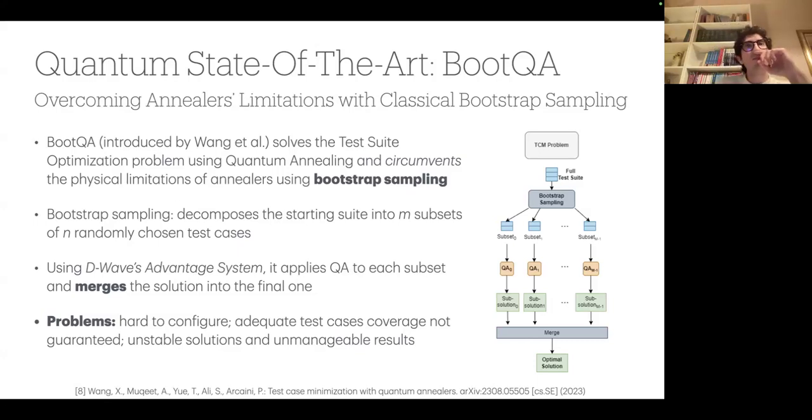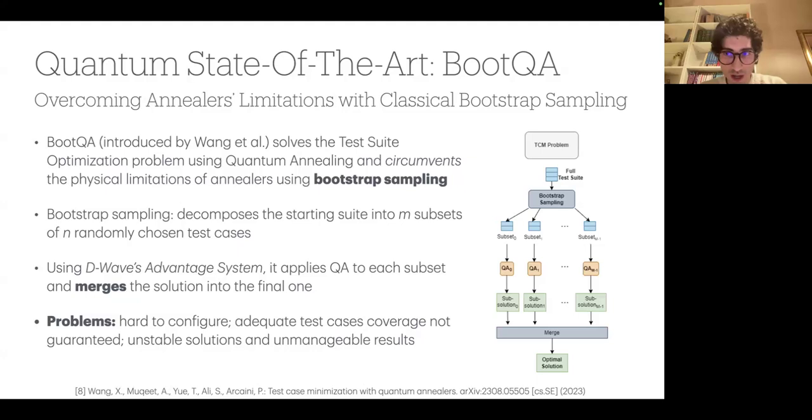Bootstrap sampling is a decomposition strategy which, starting from the initial whole regression test suite, decomposes it into m sub-problems of size n to make each of the sub-problems directly solvable by the Advantage system QPU. That is the QPU of D-Wave that BootQA uses. Once all the m problems have been solved by the QPU, all the solutions are merged into one final solution.